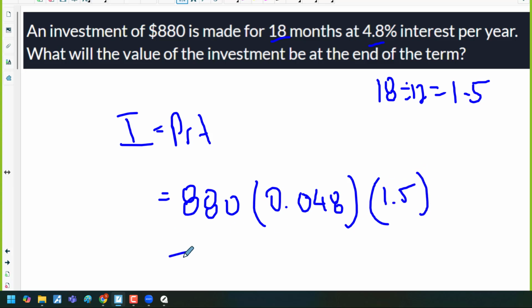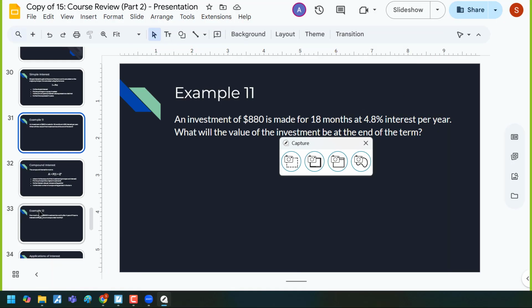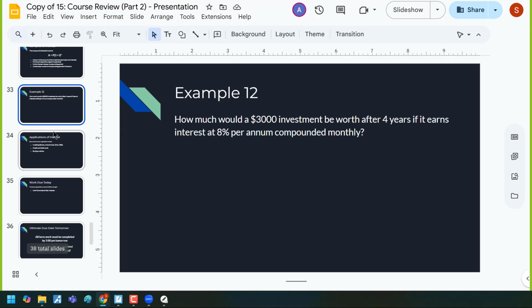You have to write it in terms of years. So 880 times 0.048 times 1.5 is $63.36. That's how much interest is going to be made if you invest at those points.